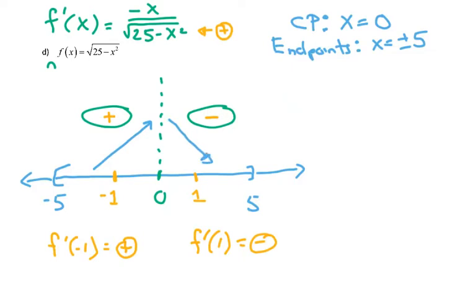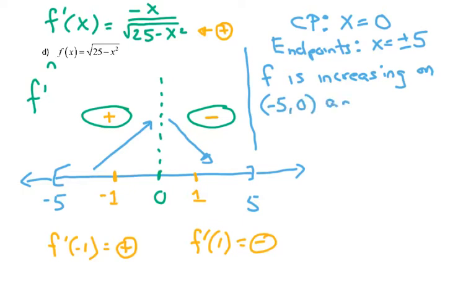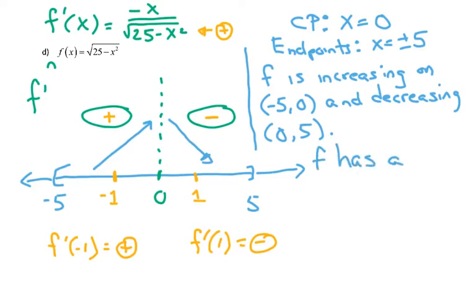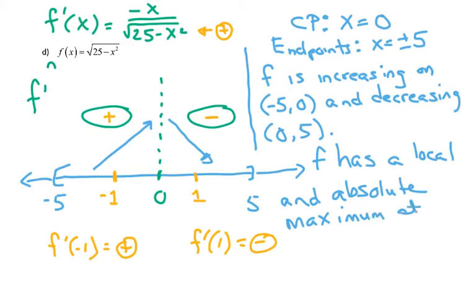So now I know that my original function, f, is increasing on negative 5 to 0 and decreasing from 0 to 5. f also has a local and absolute maximum of blank at x equals 0.